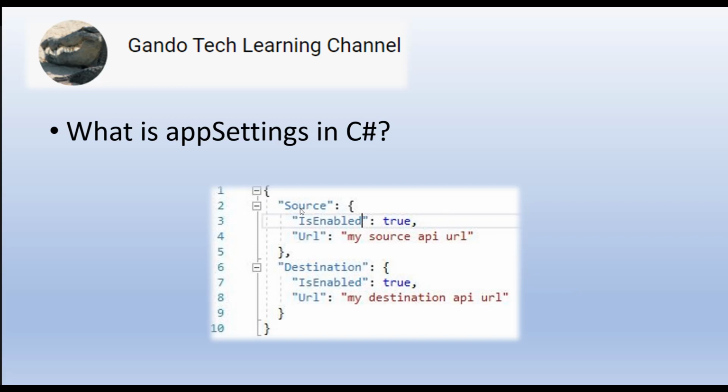For instance, I've got source and destination, so I categorized my setting into source and destination to make it more organized. Each source and destination has a flag to enable or disable it, switch it on and off, and it has a URL as well. Here I just put the fundamental flags, but they could be different.